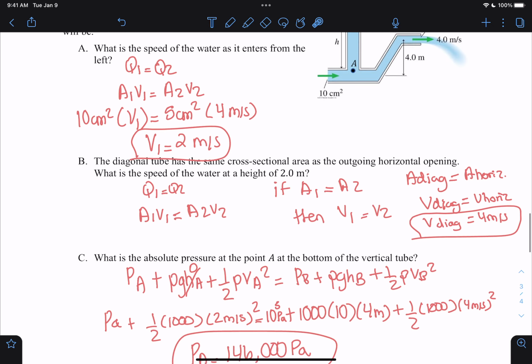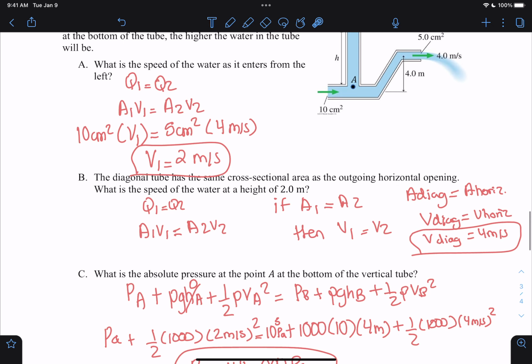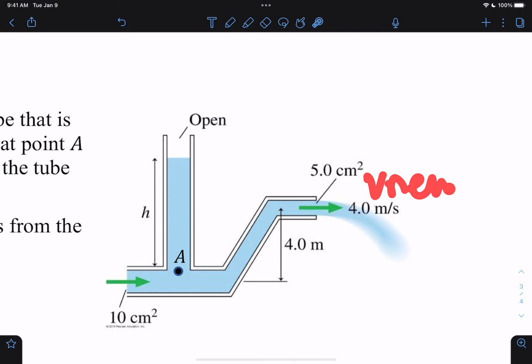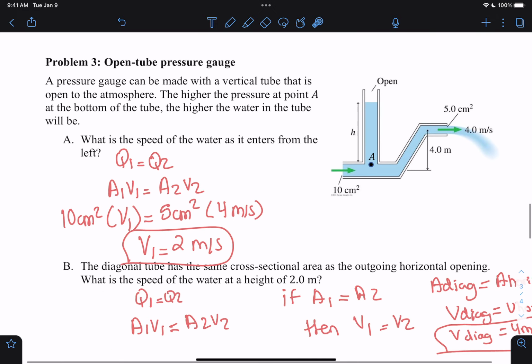So for part E, we don't know this new speed. V new is no longer 4. We don't know what it is. But what we do know is that if we doubled the right-hand speed, we have to double the left-hand speed as well. We have to double both.